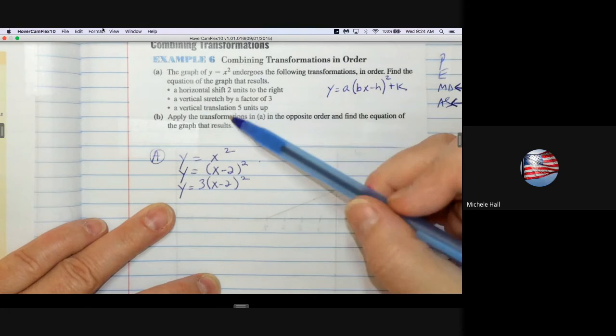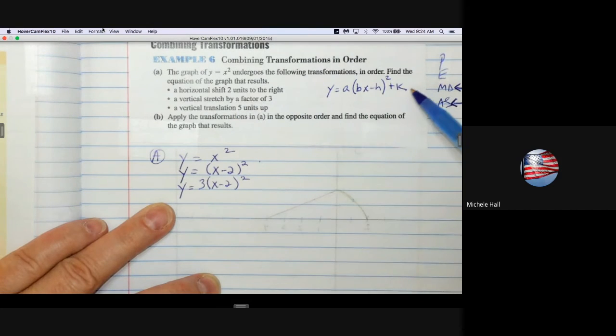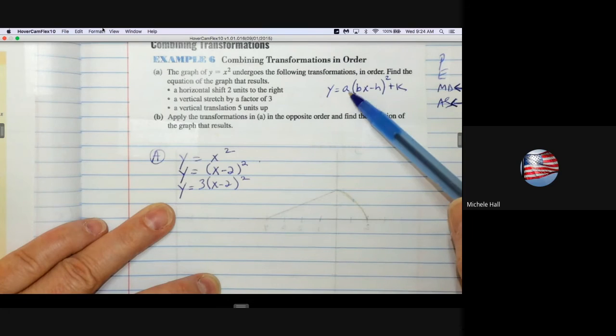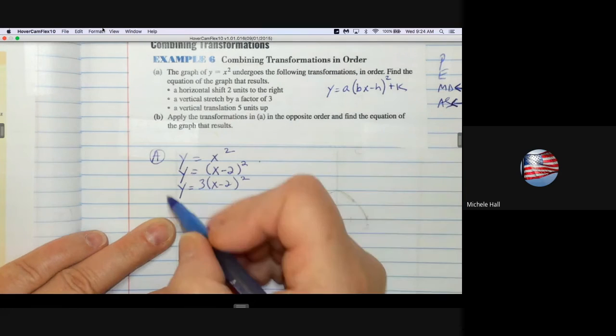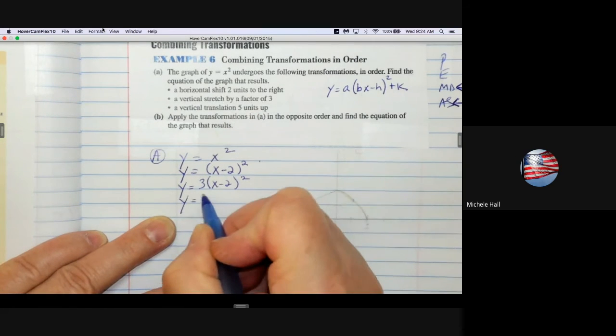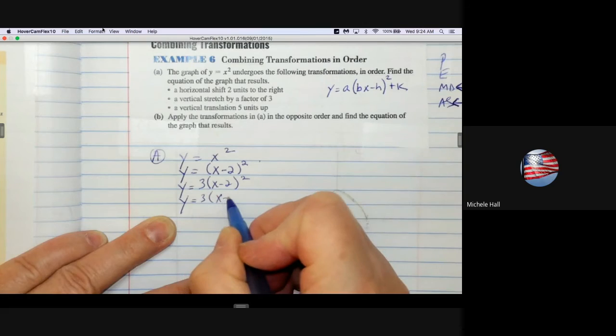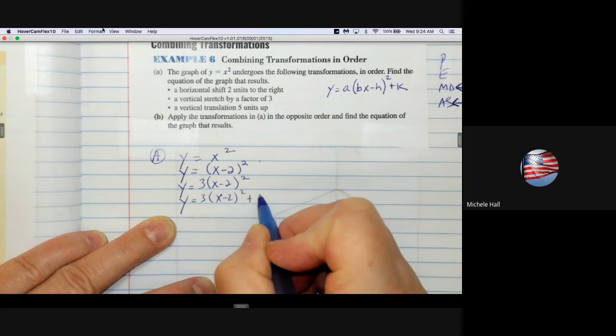And then a vertical translation up 5 units. So we multiplied out front of the function for a vertical stretch. And now we're going to do a vertical translation, our k, up and down. We're going up 5 units. So that would be y equals 3 times x minus 2 squared plus 5.